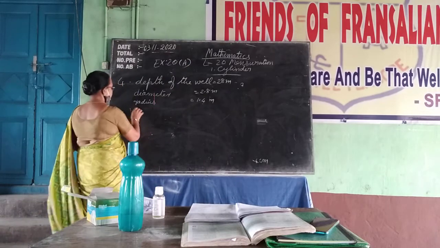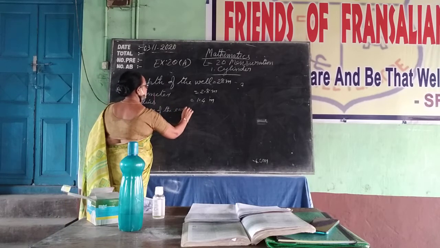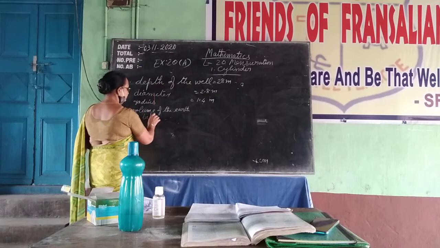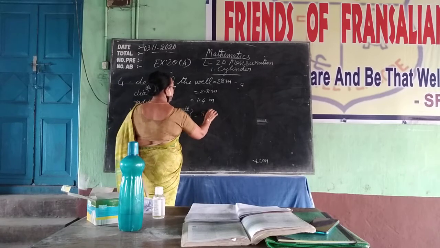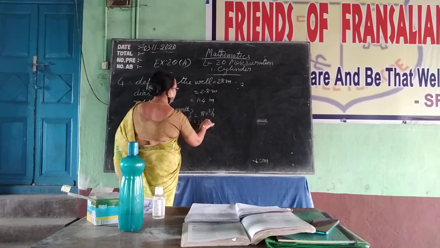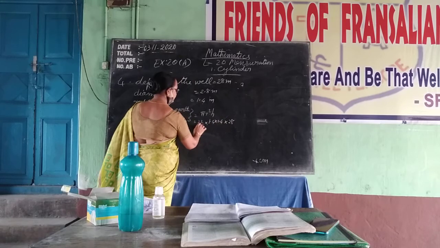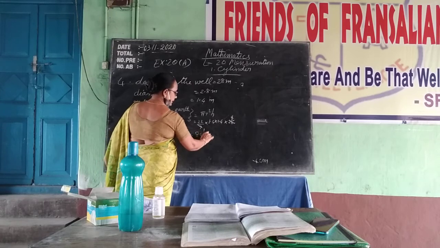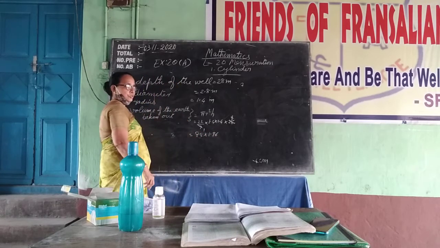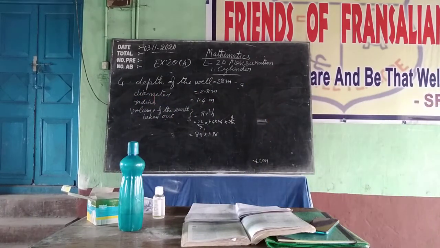Volume of the earth taken out by pi r square h. 22 by 7, r is 1.4, h is 28, into 1.96. 14 into 14 is 196. 1.4 into 1.4 is 1.96. Right?